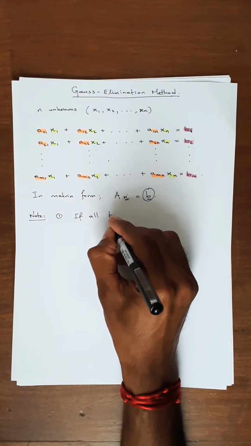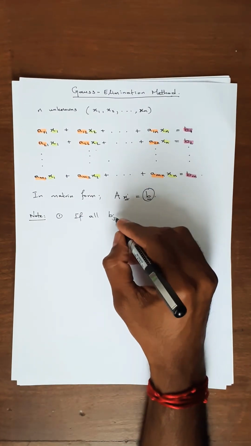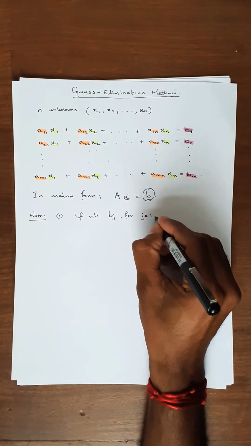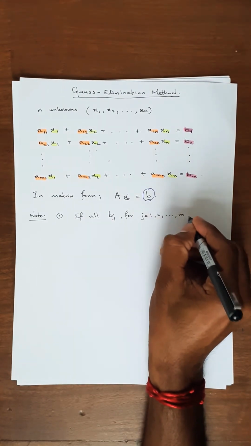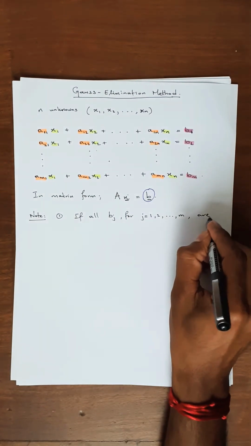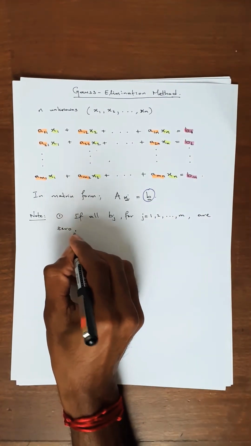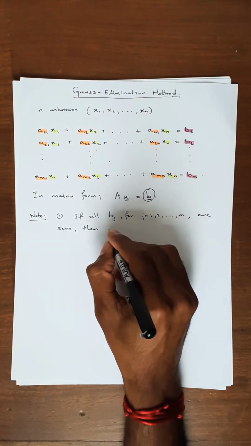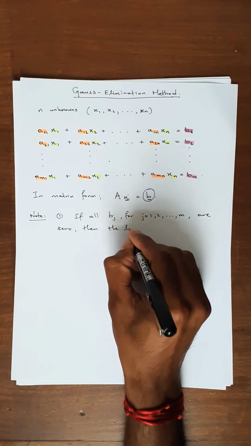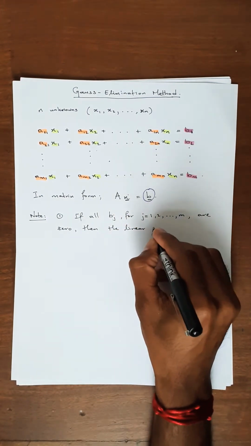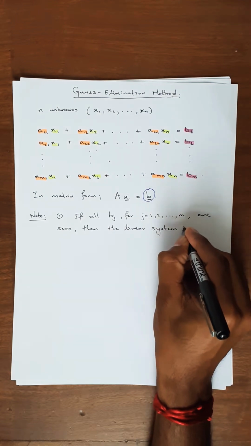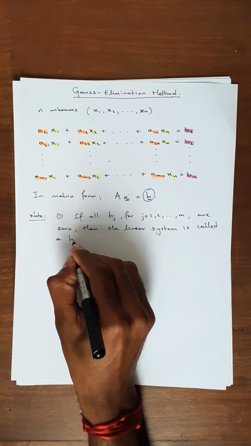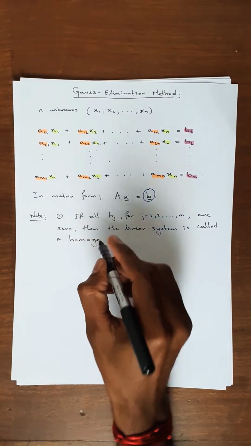If all bj, for j equal to 1, 2 till m, are actually zeros, then this linear system is called a homogeneous system.